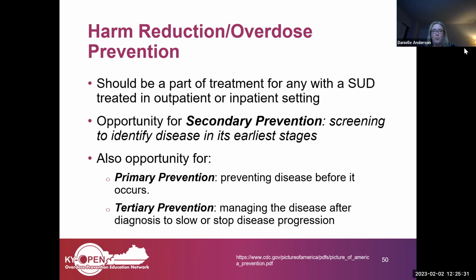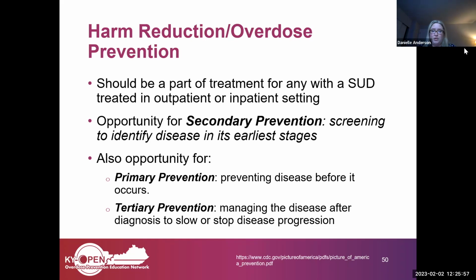So part of treating a stimulant use disorder, or any substance use disorder, is going to be harm reduction and overdose prevention. And when you have a patient in your clinic, it's an opportunity for varying levels of prevention. Secondary prevention, it's an opportunity to screen and identify the disease in its earliest stages when someone comes in.